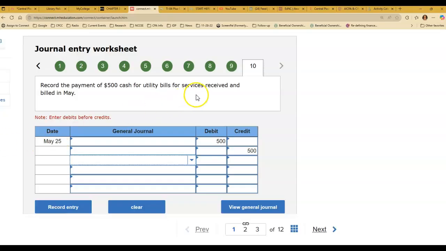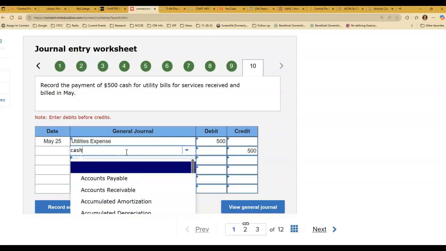Because we received it in May. Today's date is May 25th. All right, let's finish up that thought. So utilities expense is going to get the debit, and the credit's going to go to cash.